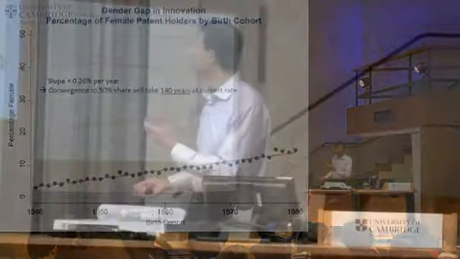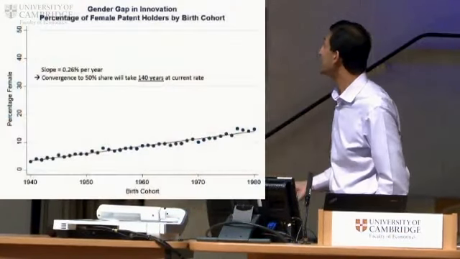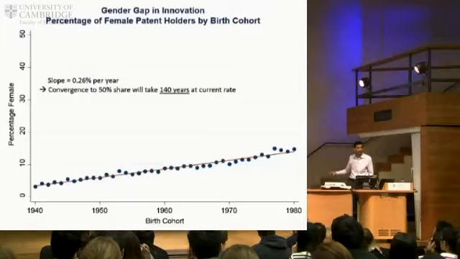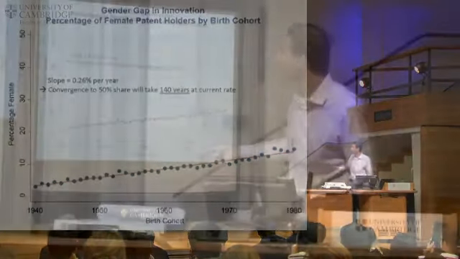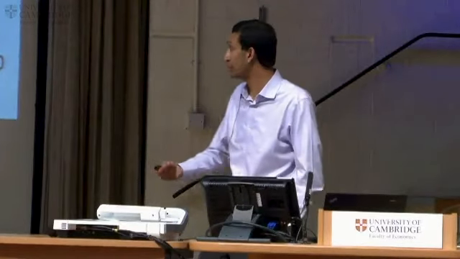So as another example we look at in this study, we look at the gender gap in innovation, so the fraction of inventors who are female, and we look at that over time by birth cohort. So in 1940, among people born in 1940, something like 4 or 5% of inventors were women, patent holders were women.